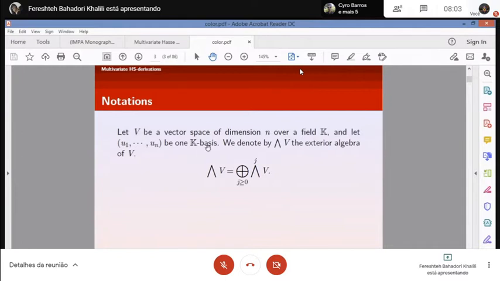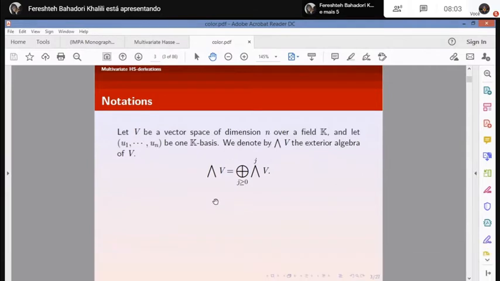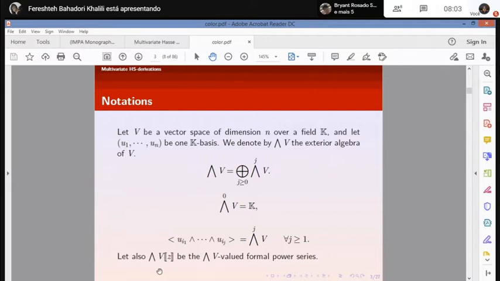V is a vector space over a field K with this basis, and this wedge is the exterior algebra, whose zeroth power is K itself, and these products are generators of the jth power of the exterior algebra of V, and this is just the formal power series with values in the exterior algebra.